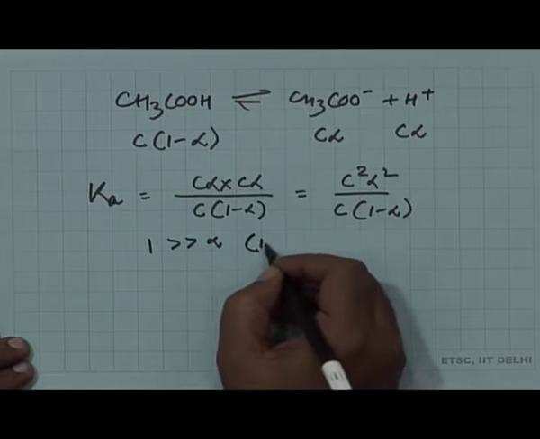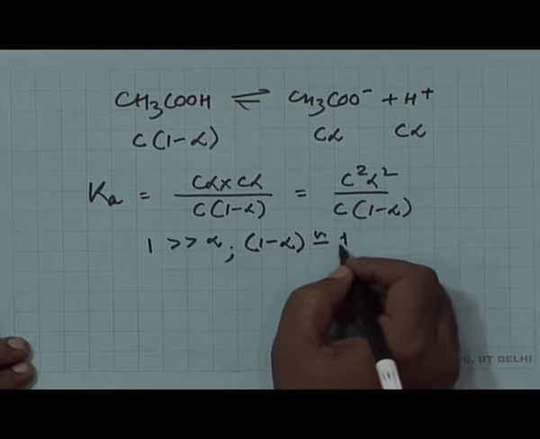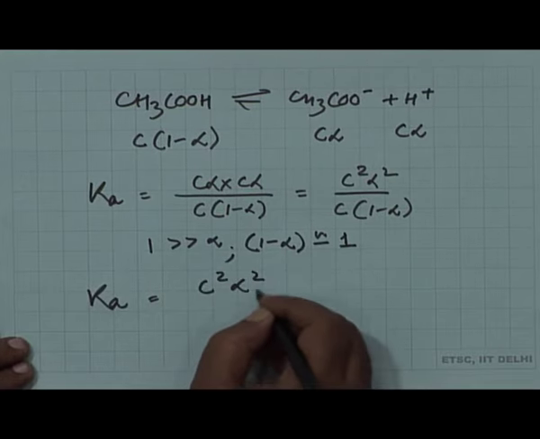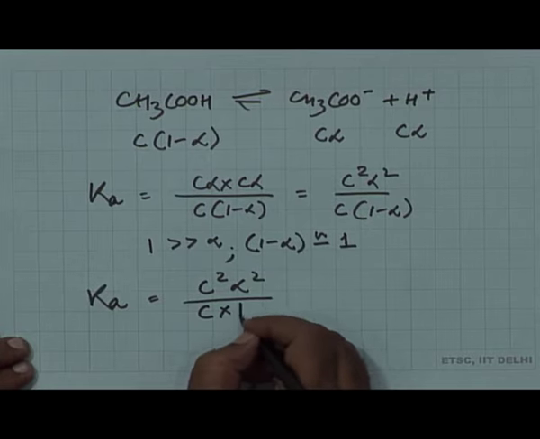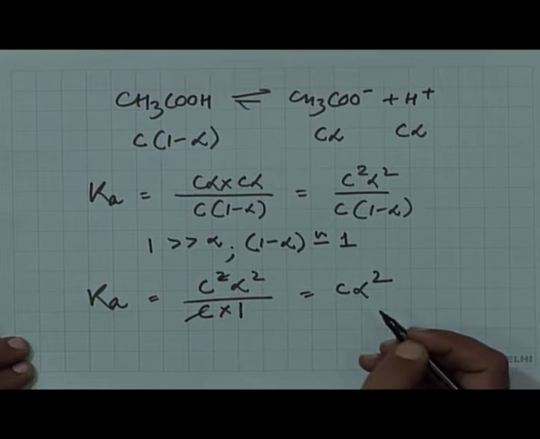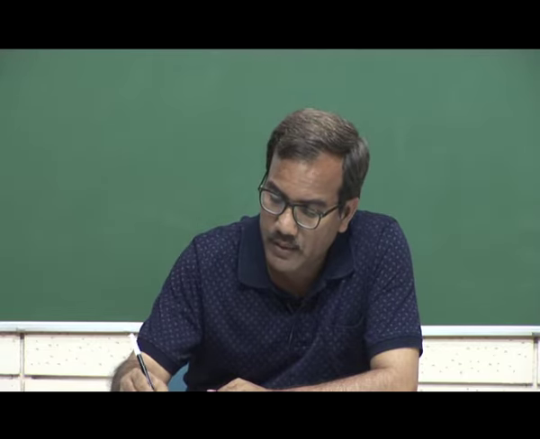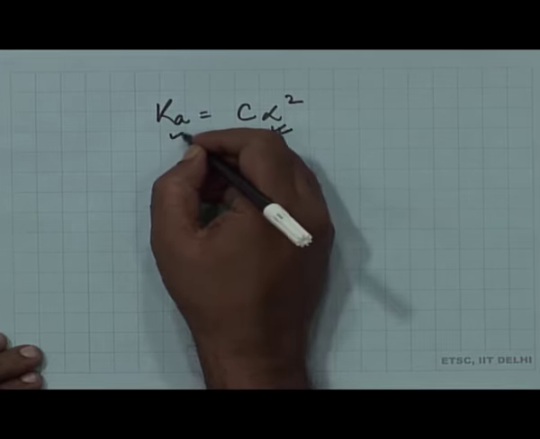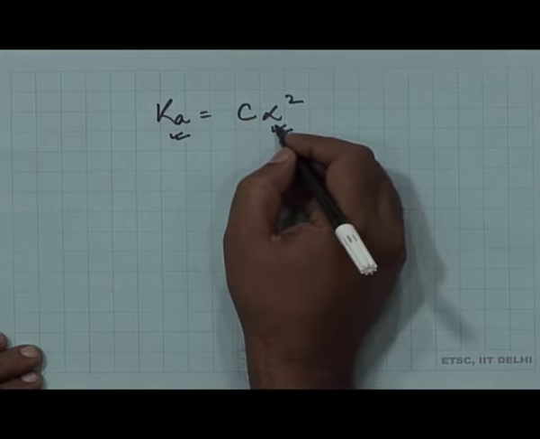So, 1 minus alpha is almost equivalent to 1, and Ka will be written as C square alpha square by C, and so C cancels out, giving C alpha square. So, Ka is equal to C alpha square. If I know alpha, I can calculate Ka, and similarly, if I know Ka, I can calculate alpha.